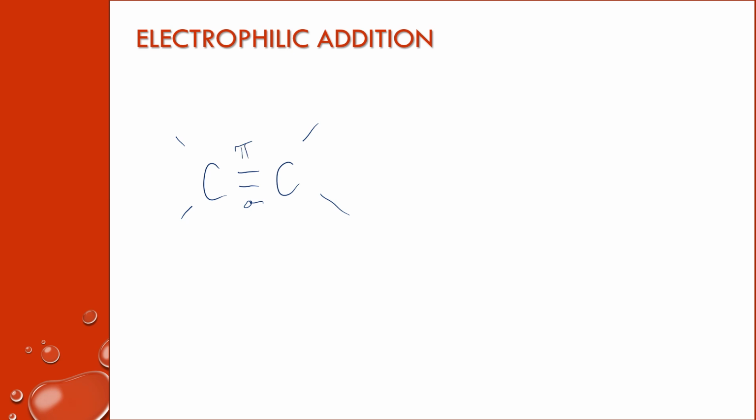And when you react that unsaturated compound with an electrophile, the pi bond breaks. So the pi bond is broken, and you're left with a new alkane, and your electrophile gets added across the double bond or across the triple bond. So that's the basics of electrophilic addition.